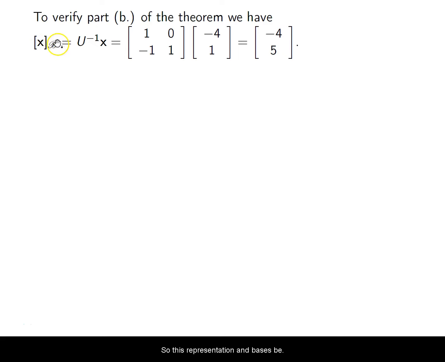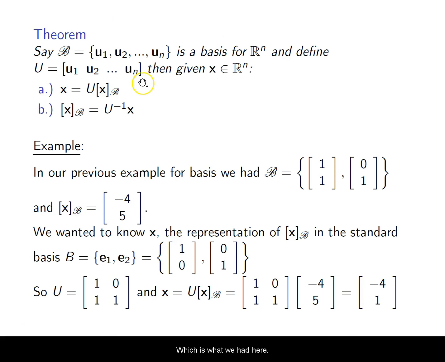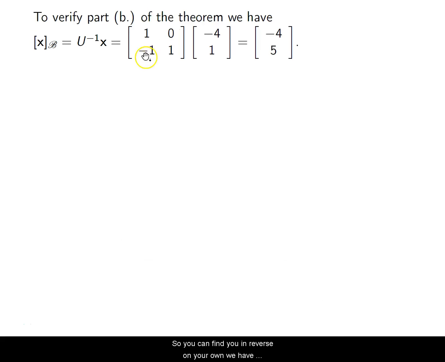So the representation in basis B is U inverse times x, which is what we had here, right? You can find U inverse on your own. We have lots of methods of doing that now. It is a 2x2 matrix, so you just find 1 over the determinant, swap your entries accordingly, and multiply it out.